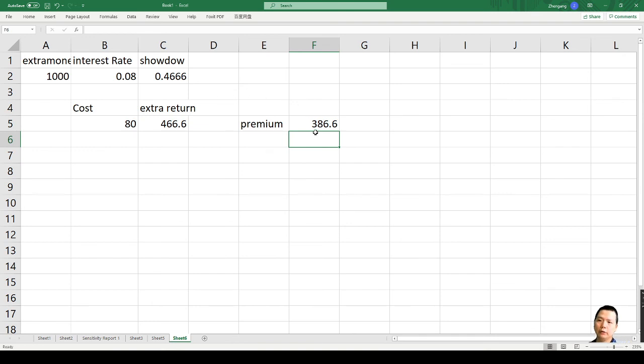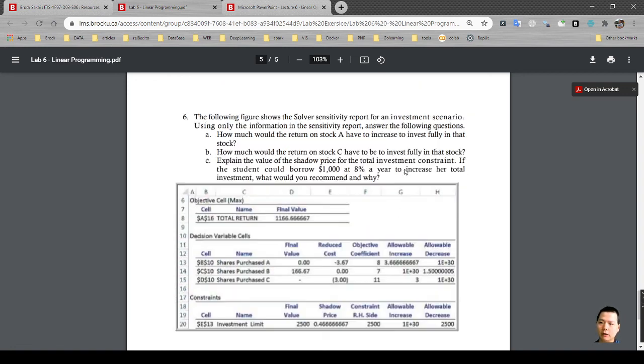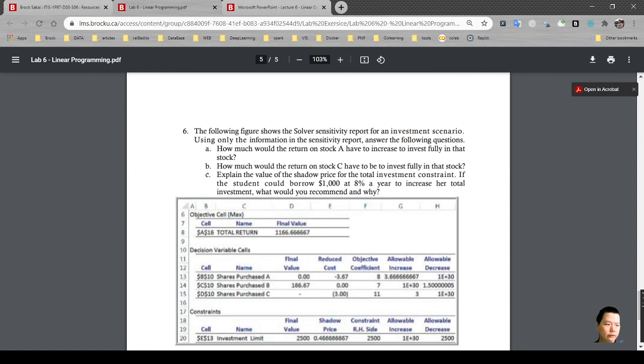So you get $386.6 actual dollars if you can borrow. So the decision based on this question is yes, you should go for that. Okay, that's all the questions for this week.